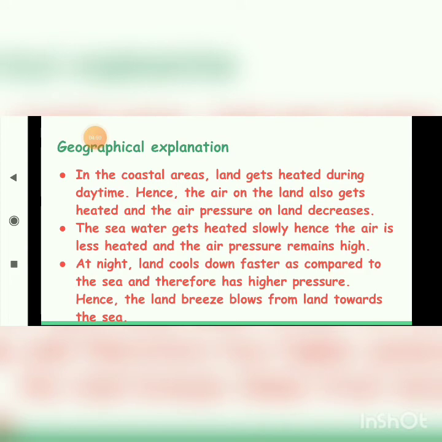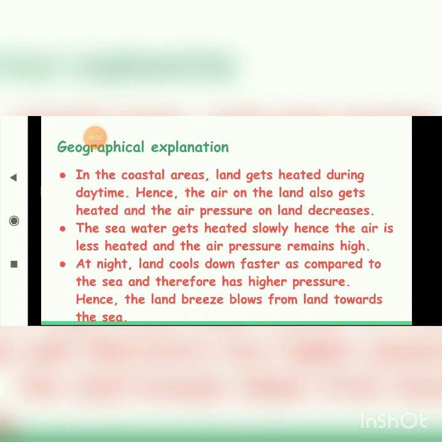In the coastal areas, land gets heated during daytime. Hence, the air on the land also gets heated and air pressure on the land decreases. So, what about the coastal area, students? Land gets heated during daytime. Hence, the air on the land also gets heated and the air pressure on the land decreases.